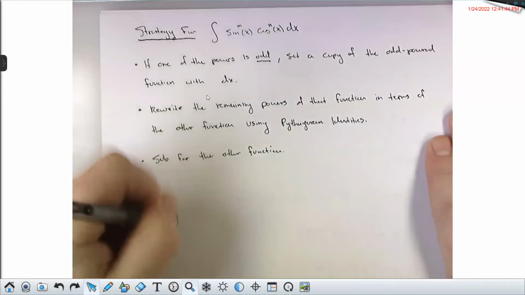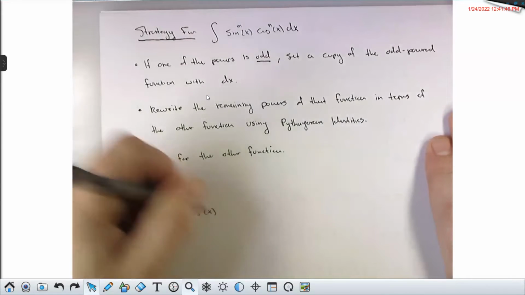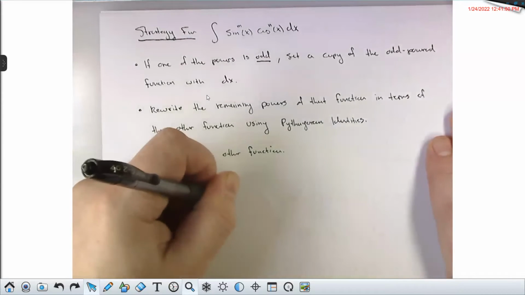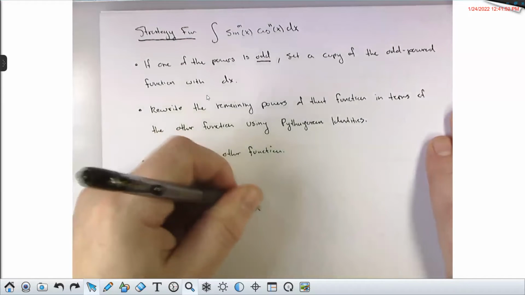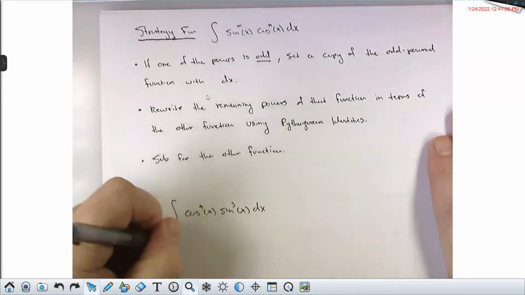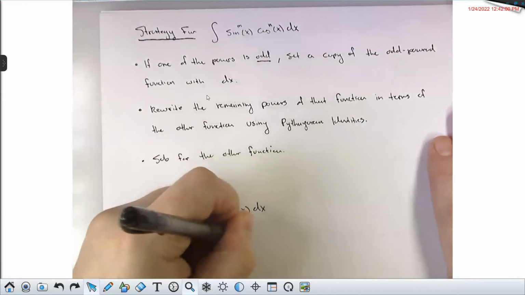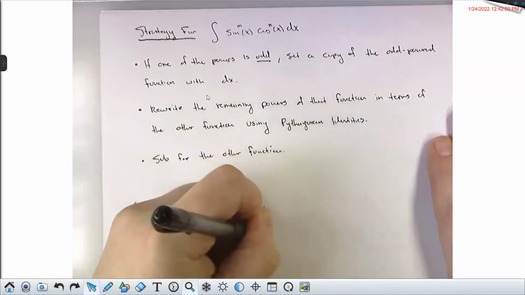In the integral like cos to the 4x times sine cubed x dx, long run here, we're going to sub. This will end with the substitution z equals cos x.